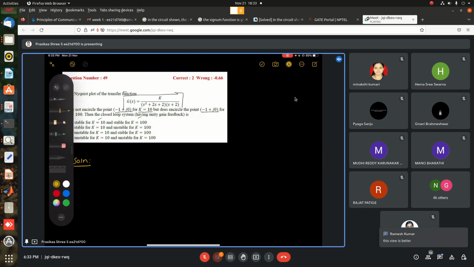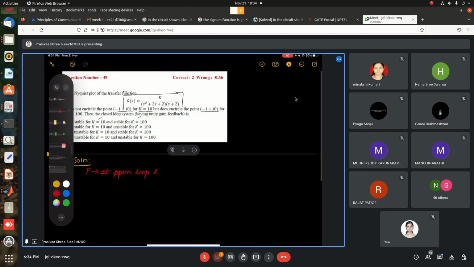I'll write the concept in the red color. Okay. So let P be the number of open loop poles in the right hand side of S plane.